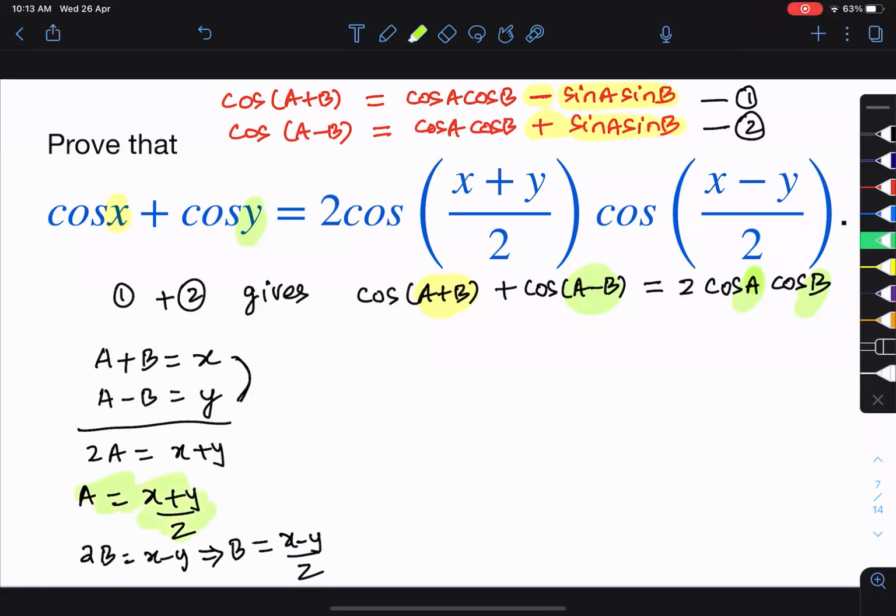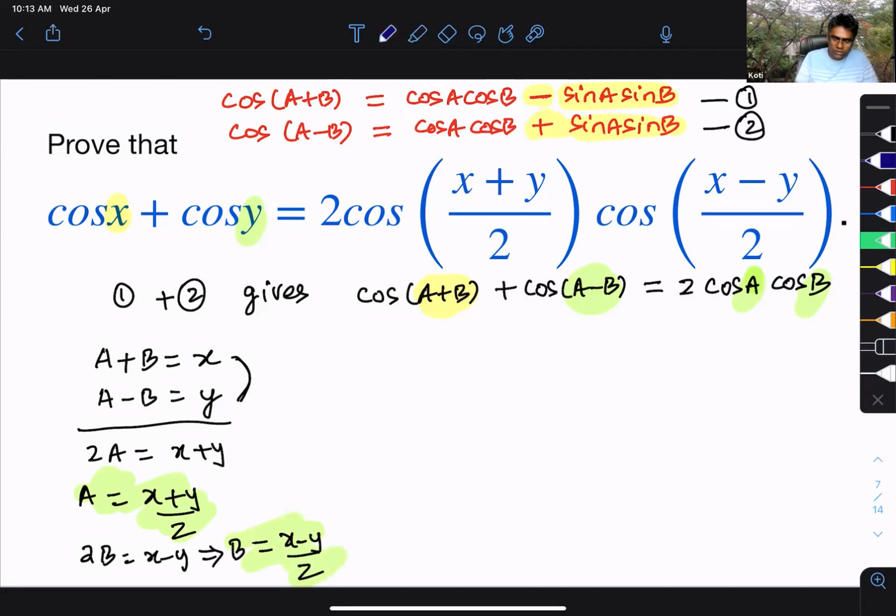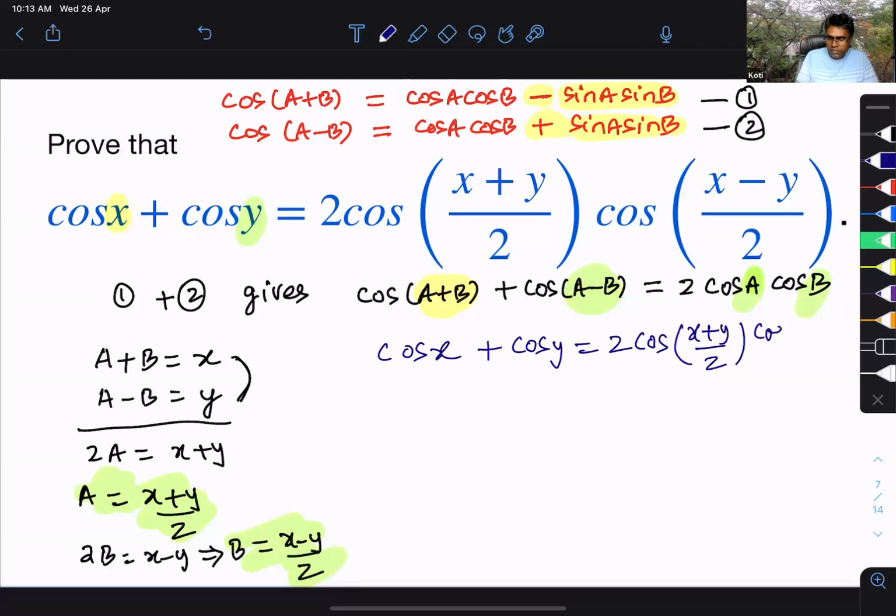Now take those and substitute here. Your a plus b is x, so that is cos x. Your a minus b is y, so that is cos y. On the right hand side, you have 2 cos a, which is cos of (x plus y) by 2, and then cos b, which is cos of (x minus y) by 2.